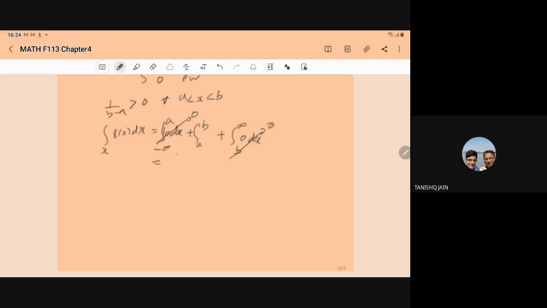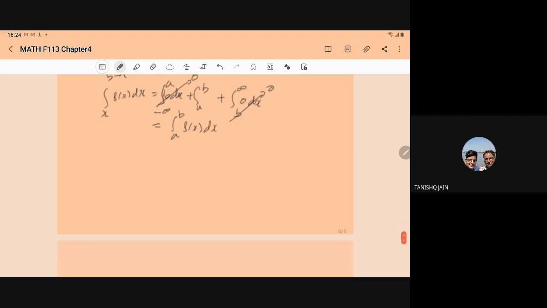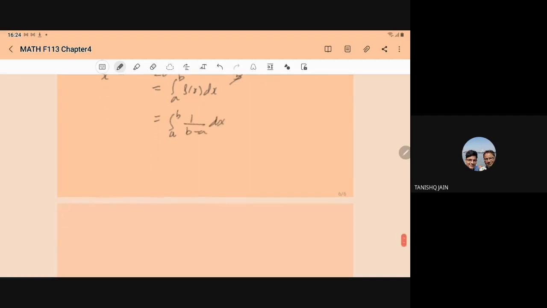So only we have the integral a to b of f(x) dx, which is integral a to b of 1 upon b minus a dx. So 1 upon b minus a times x from a to b, which is b minus a upon b minus a, that is equal to 1.